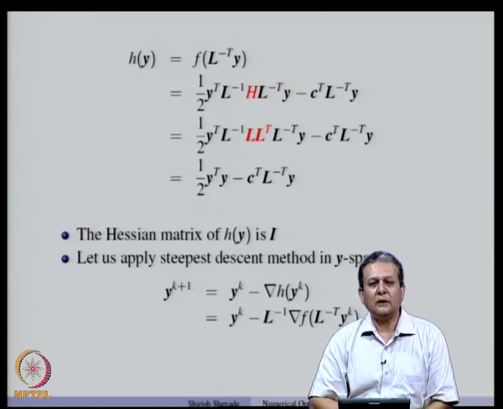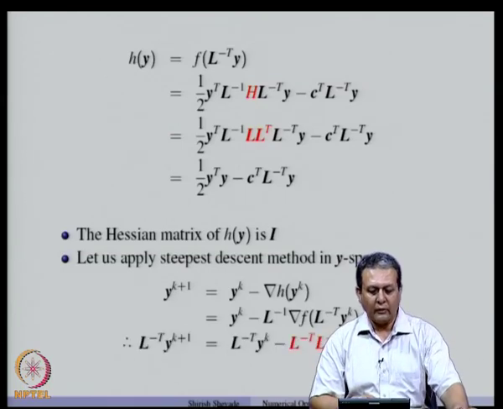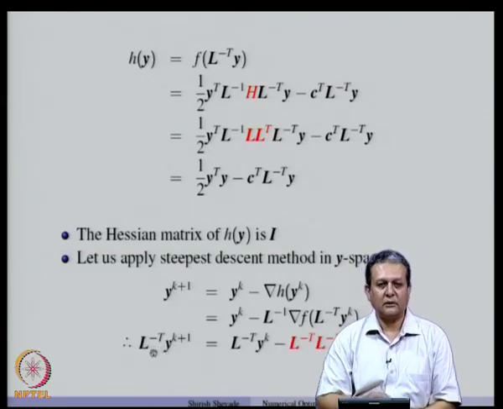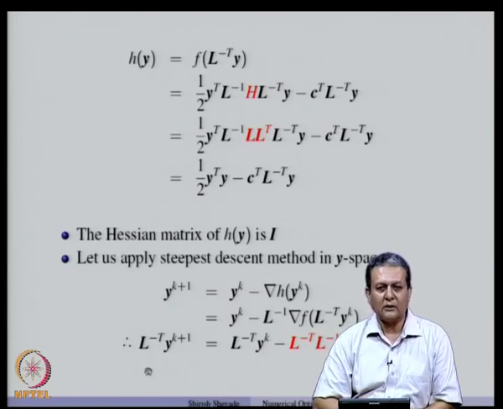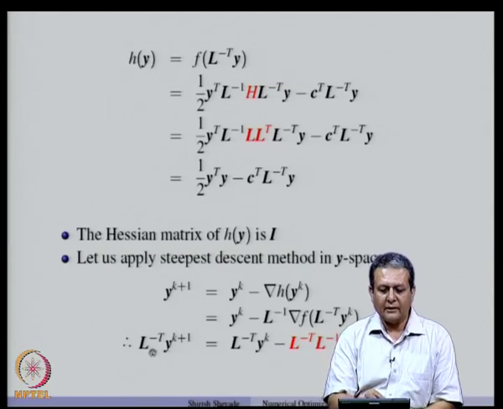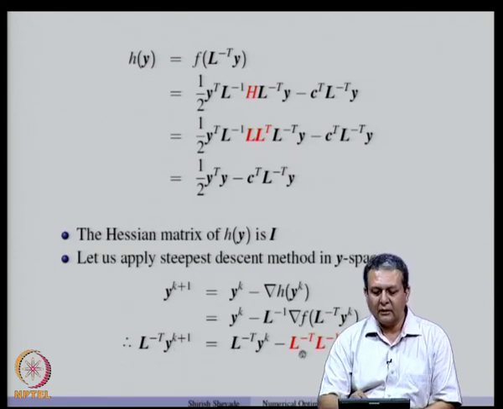If we want to consider that, we have to pre-multiply the whole quantity by L transpose inverse. So, if we pre-multiply this expression by L transpose inverse, then we get L transpose inverse into y k plus 1 is nothing but L transpose inverse into y k minus L transpose inverse into L inverse gradient of f of L transpose inverse y k.